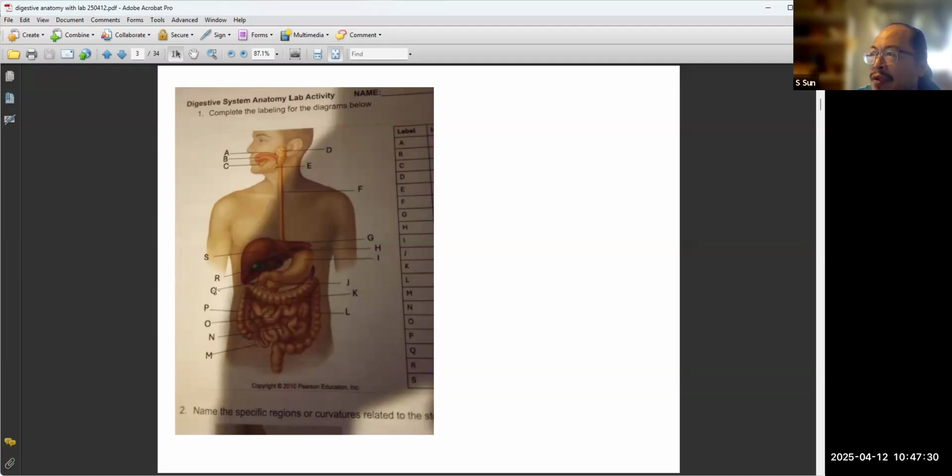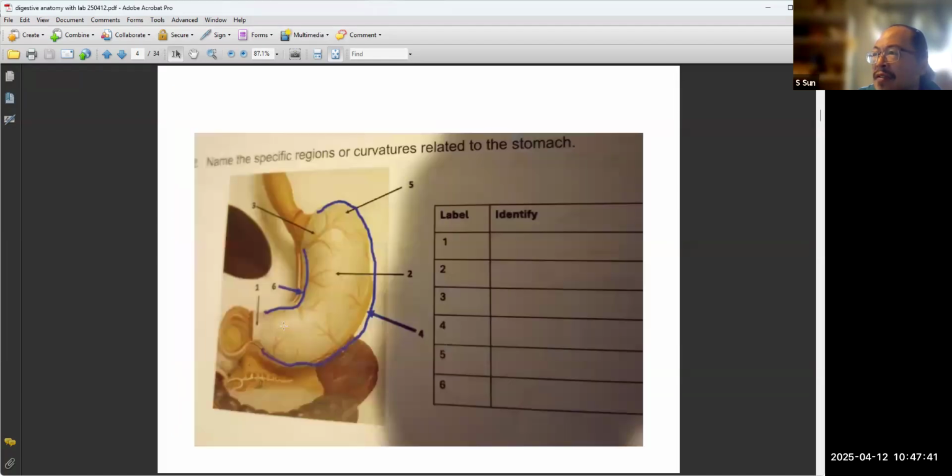Here we have the Q, O, N. So what are those three segments?